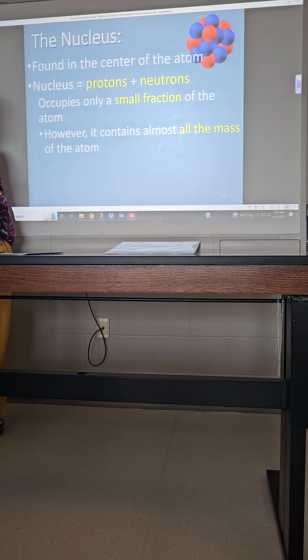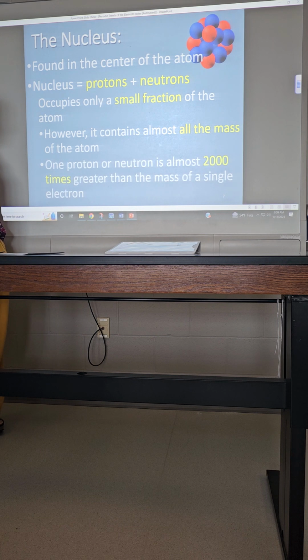Really, the electrons take up a very small portion, 1/2000th of the total mass. So 2,000 times more mass is found in the nucleus than in the rest of the whole atom. So that's pretty extreme, right?